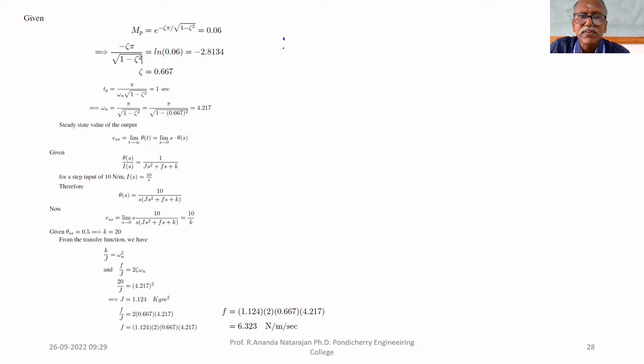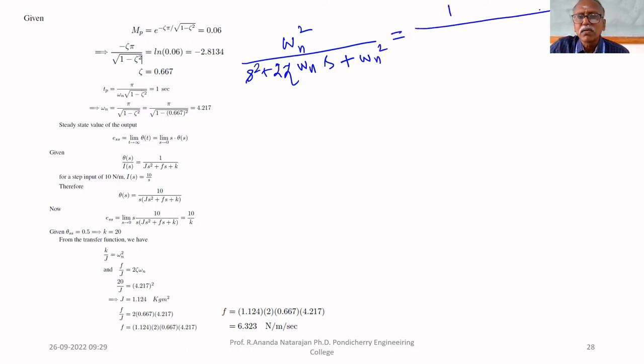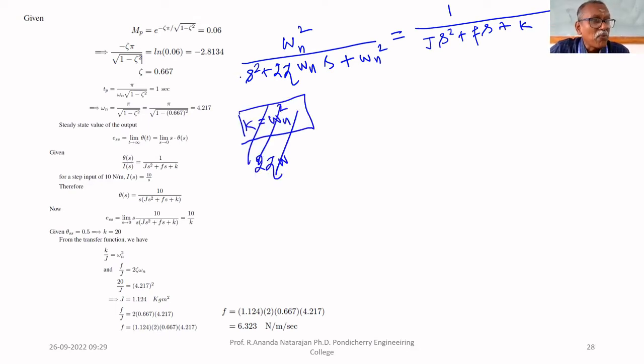What is the standard transfer function? Omega n square upon s square plus 2 zeta omega n s plus omega n square, equal to what is given: 1 upon J s square plus f s plus k. Therefore, the coefficient of s square must be 1.